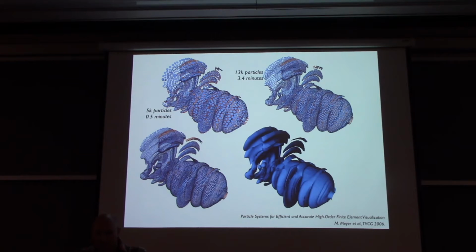So there's another paper from Mariah Meyer, back when she did scientific visualization for her PhD thesis. This was a particle system, and she was applying it towards sampling of higher order finite elements data. The idea is you have a contour here, and some interpolation kernel that is incredibly costly to evaluate.